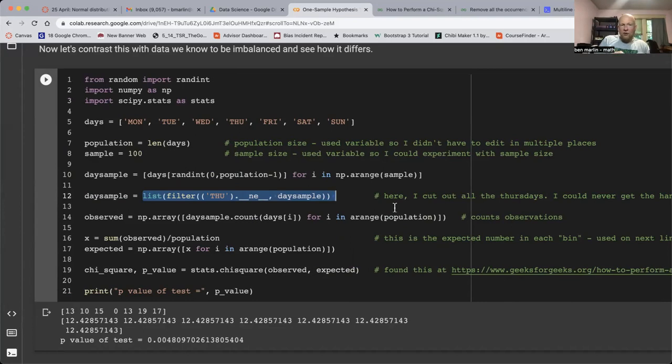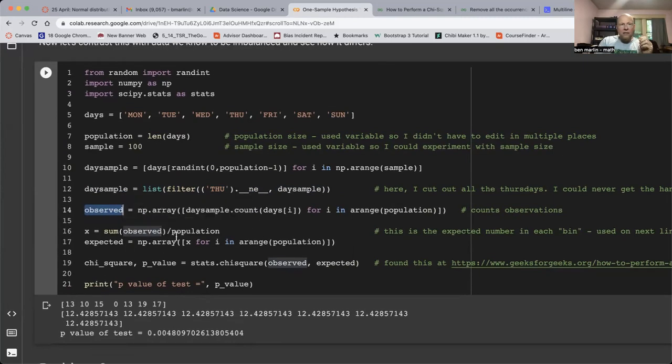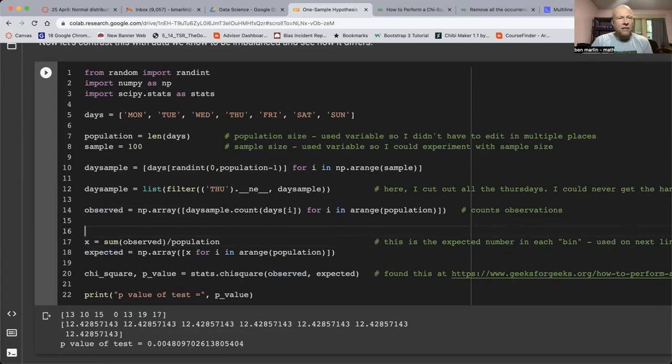Anyway, though, I just cut out all of the Thursdays, and then my observed scores, I did the same trick as before. And then my X needs to be equal to observed over population. Oh, you know what? I need to fix this a little bit.